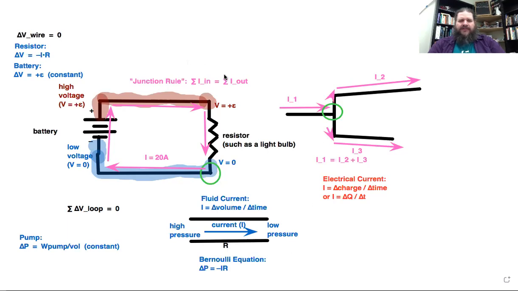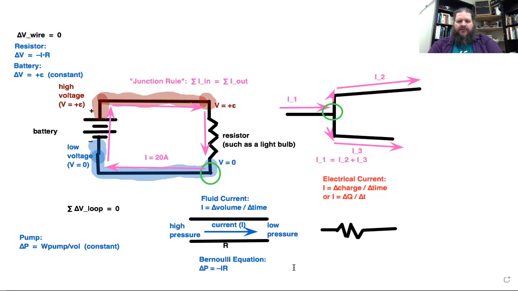For electrical current, instead of a pipe, we have a wire, presumably a wire with some resistance. So this wire's resistance is also going to be written as R. Just keep in mind that means electrical resistance, not fluid resistance.